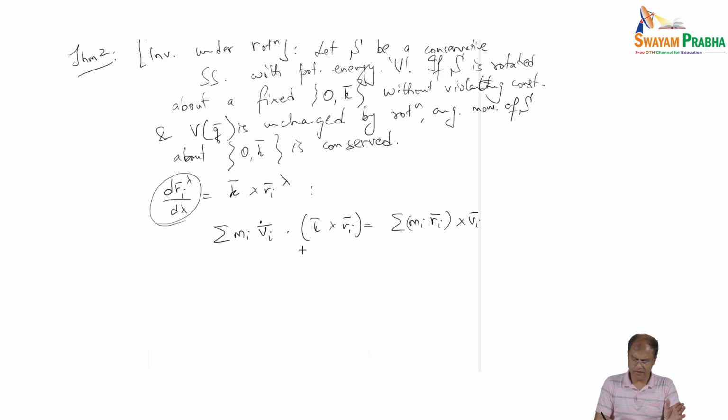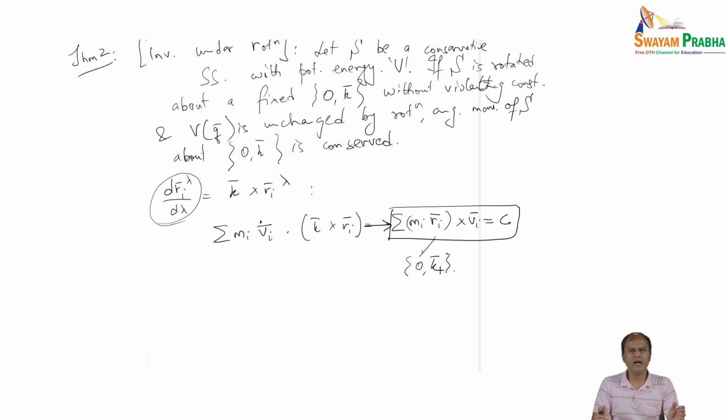What we have done is integrate the expression, and we see that this m_i r_i cross v_i will be a constant, and that is where we see that the angular momentum is again conserved along the axis of rotation, along (O, K).